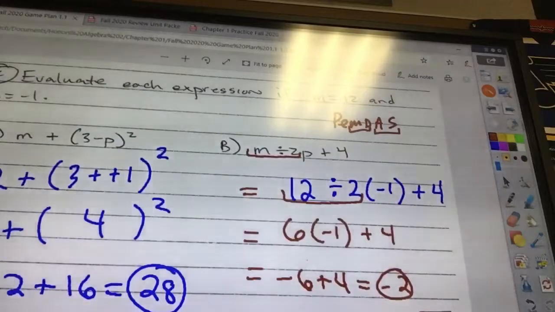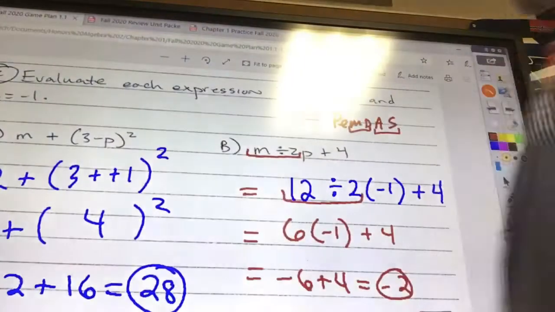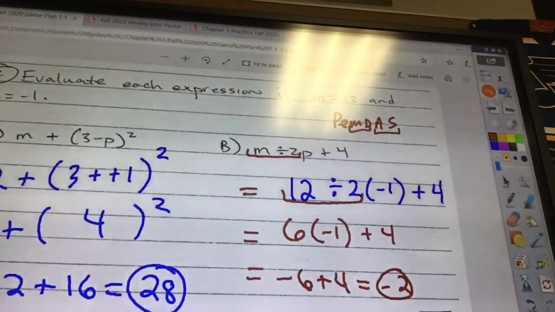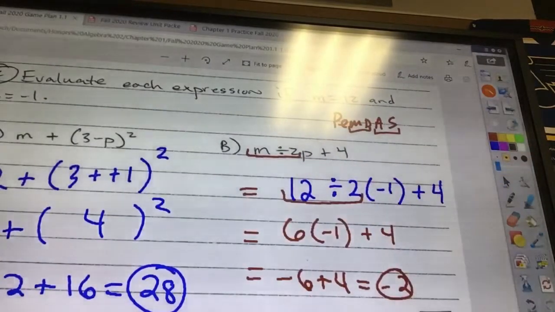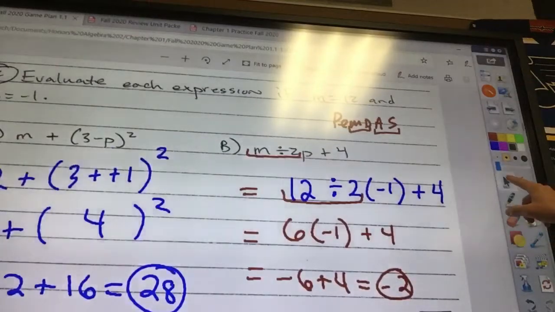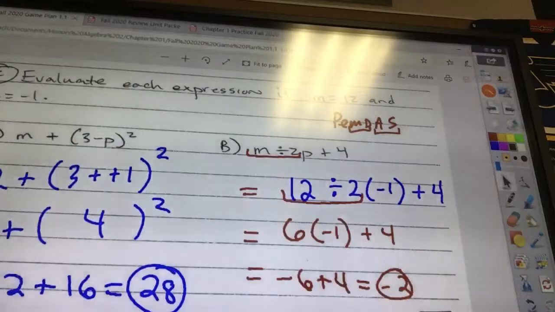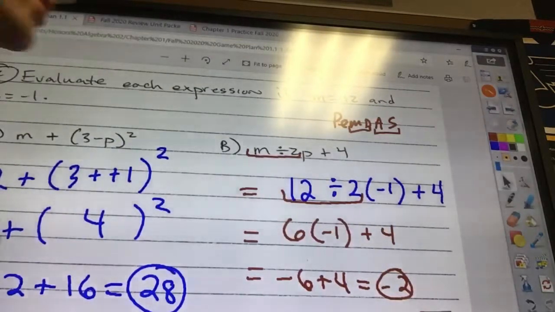All right. Anyway, folks, notice how if you would have done 12 divided by -2, you still get -6. -6 plus 4 is a -2. Boom, -2. All right, let's take a look at number 4 on the next page, page 2.